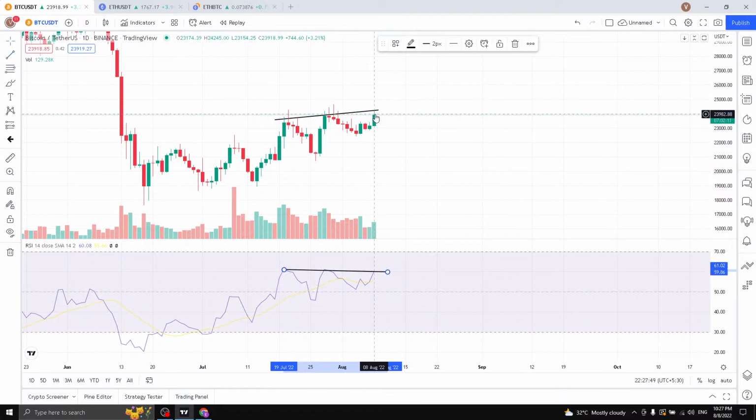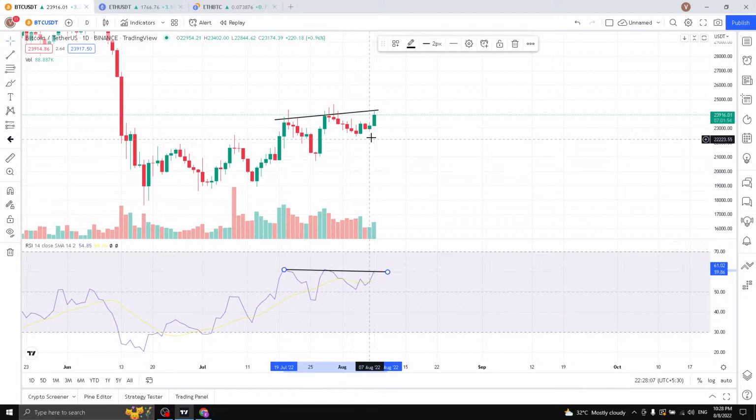If Bitcoin does not break this top and we see a red candle tomorrow, RSI would naturally fall down from here. The price action is angling upwards, but the RSI is angling downwards. So this is a very strong bearish divergence.